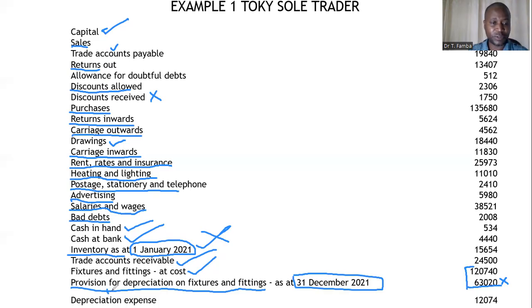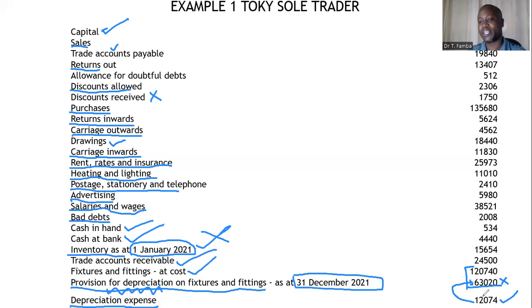So here you are not supposed to actually mark it, because I was underlining items for the statement of financial position, but this is what you need to underline here, the depreciation expense, which is this figure. So what it means is that this 12,000 is included in this figure here.